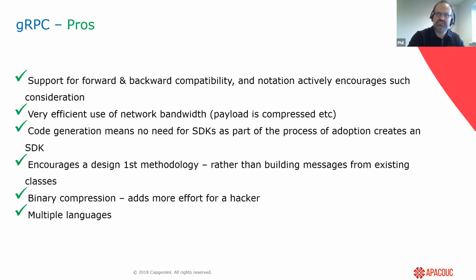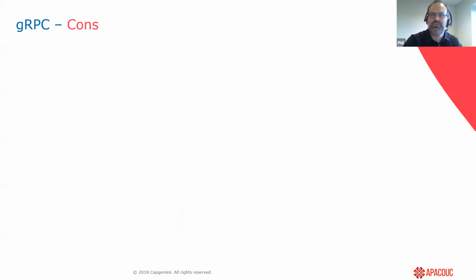Code generation is involved. So one of the things that's always recommended, particularly if you're offering a public API, is the idea of offering an SDK. Well, actually, it's generating that for you. It does push us down the route of API first design, which is good because we're thinking about our structure and our sequencing rather than the implementation to start with. Compression, the language support.